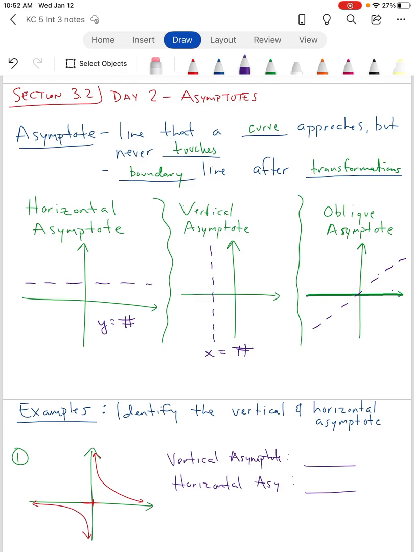And then, of course, your oblique asymptote is a little different. It is a diagonal line, which would actually be y equals mx plus b. Okay, now we aren't going to use oblique asymptotes in this unit. We are going to focus on only horizontal and vertical asymptotes.